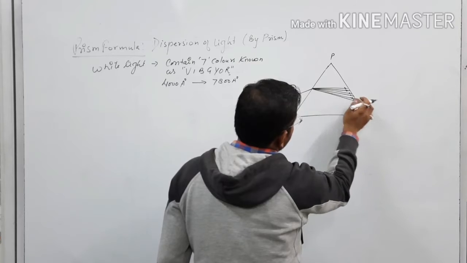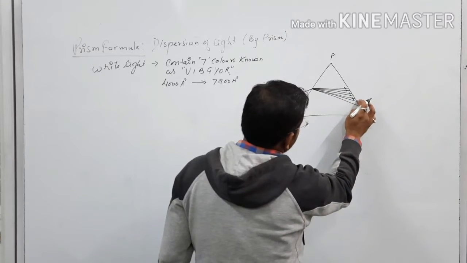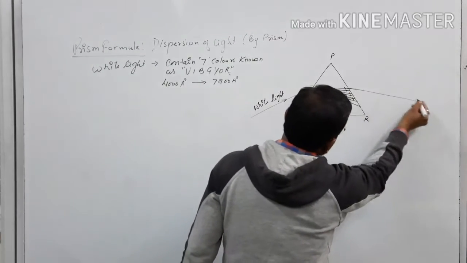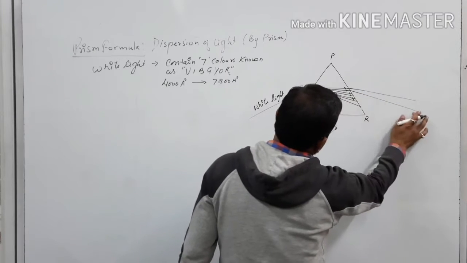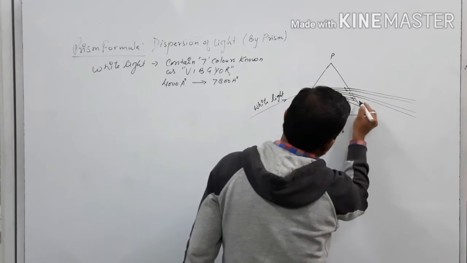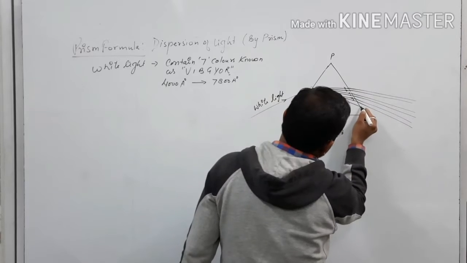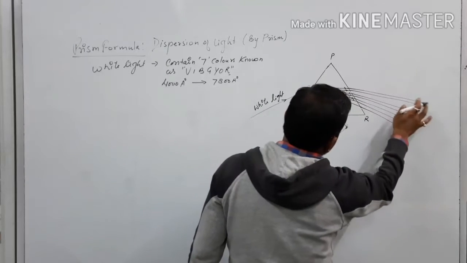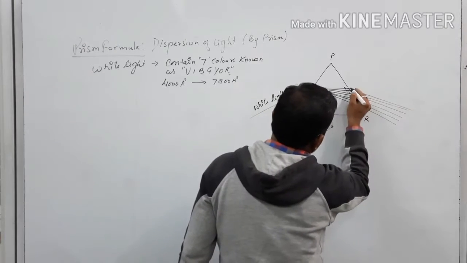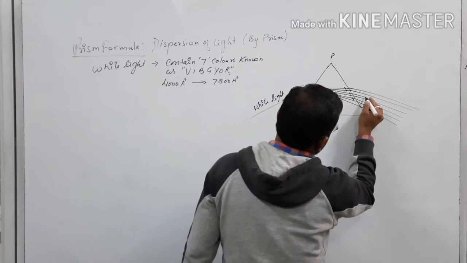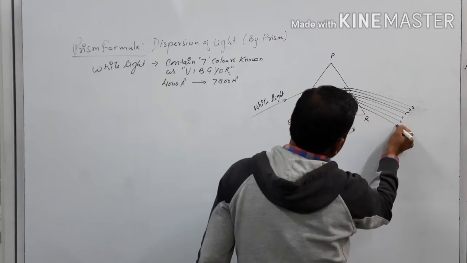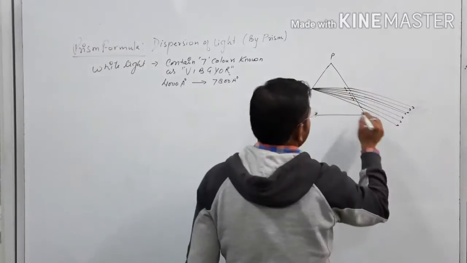So these are seven lines. This is the diagram; you can draw it in your book with pencil and color.